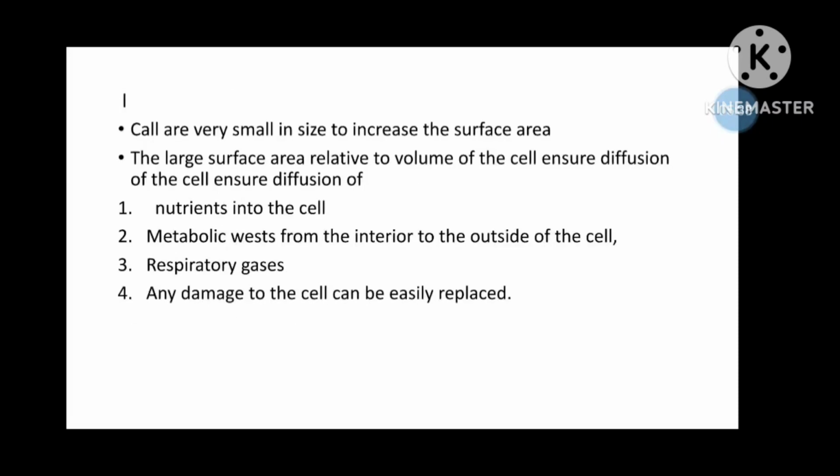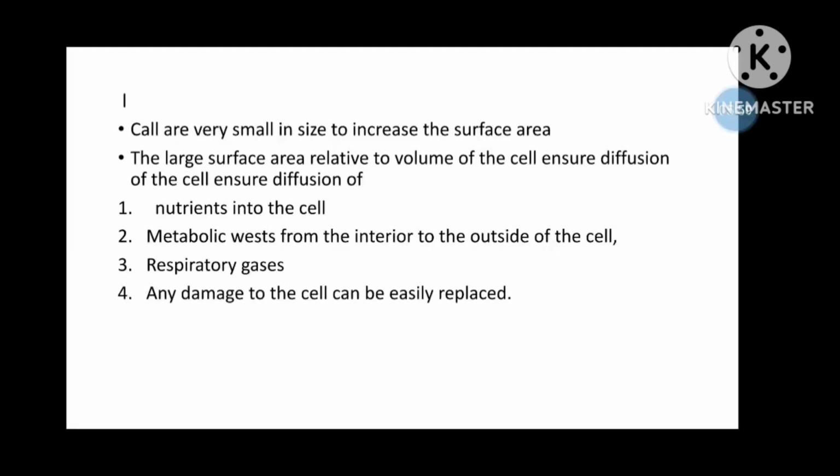Now we know that cells are very small in size. Why is it small in size? Why is it not large? The smallness of the cell facilitates a very important function to the cell. What was that?